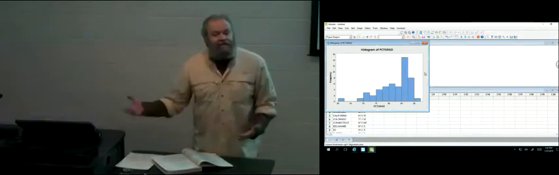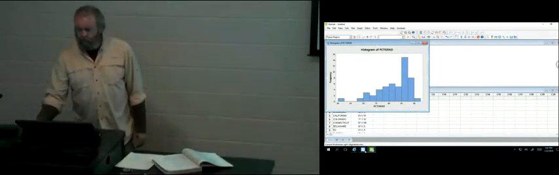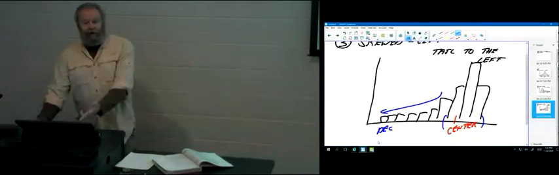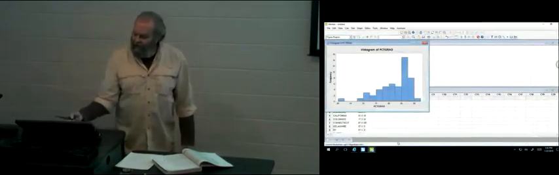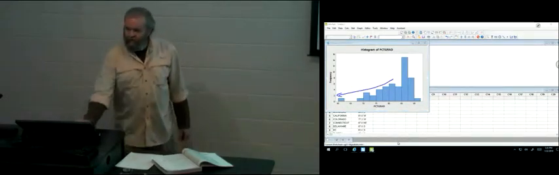All right? Now, let me ask you this. If I was looking at this and I was to ask you the shape here, what would you tell me? That's right, that's skewed to the left. Don't I have a tail going out to the left here? You see it? So we would definitely say that's skewed to the left.